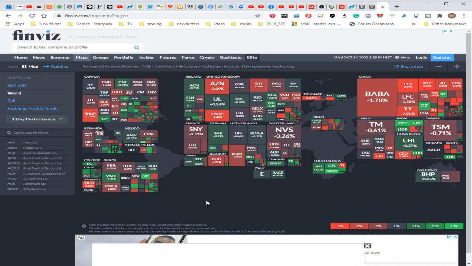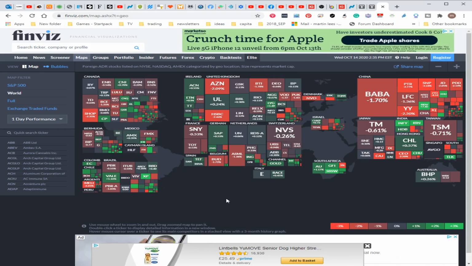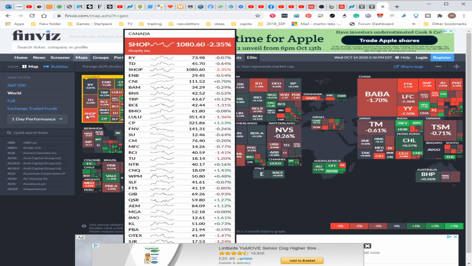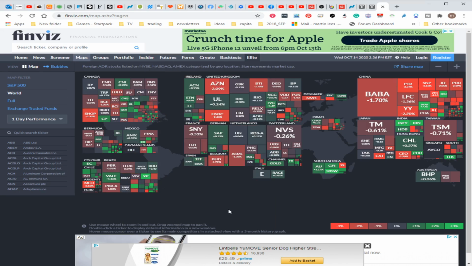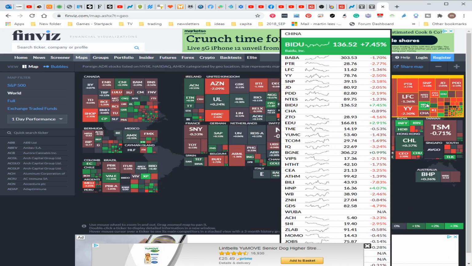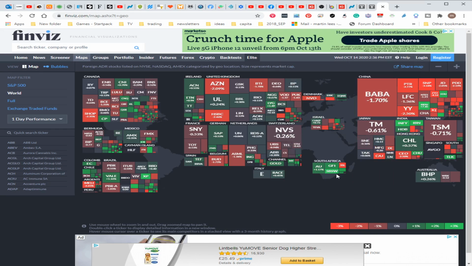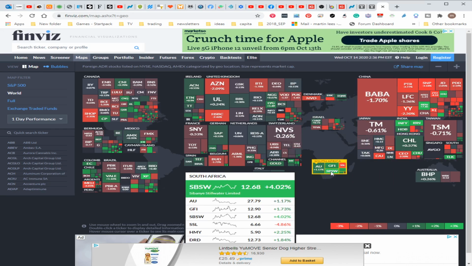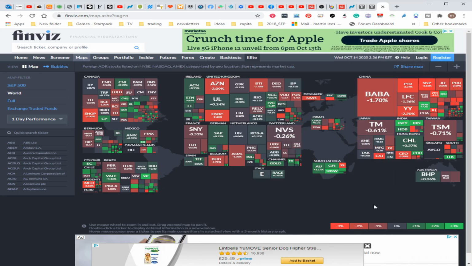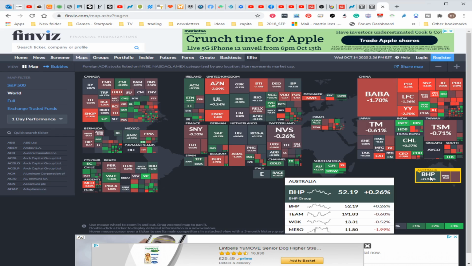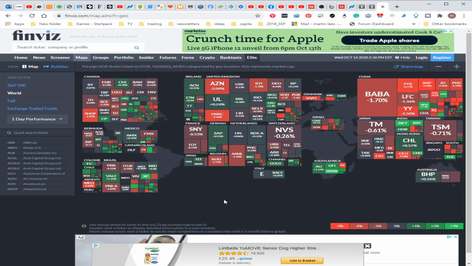It doesn't have all of them, but if you keep an eye on it, you can have an idea of if there are any companies that are doing overly well. And here you've got reasonable South African countries, the miners not doing overly well.